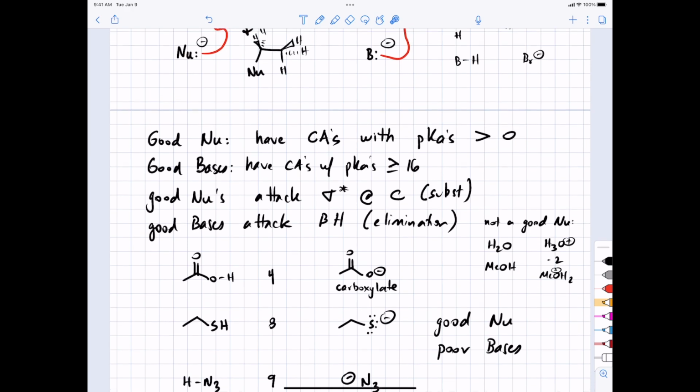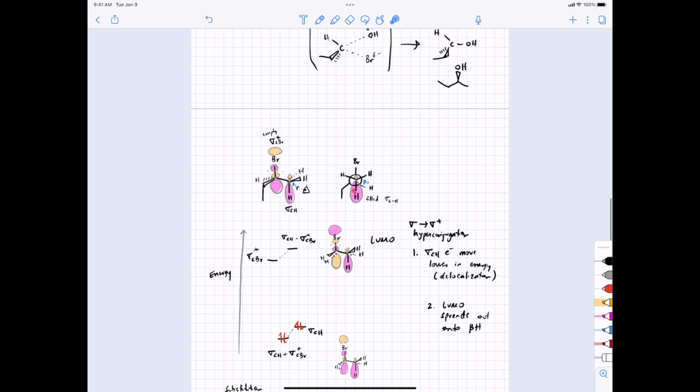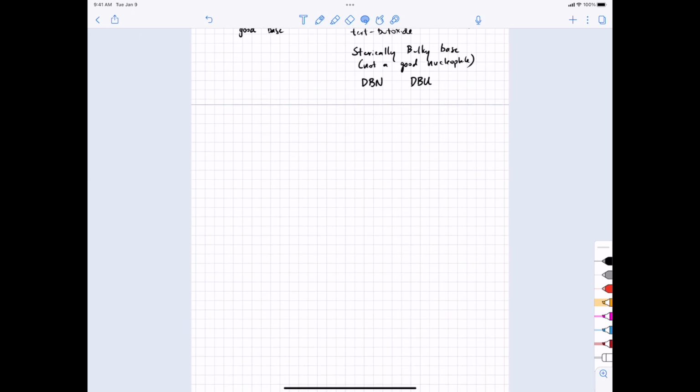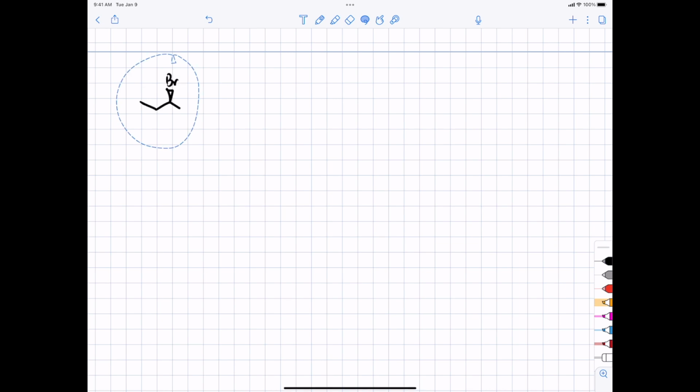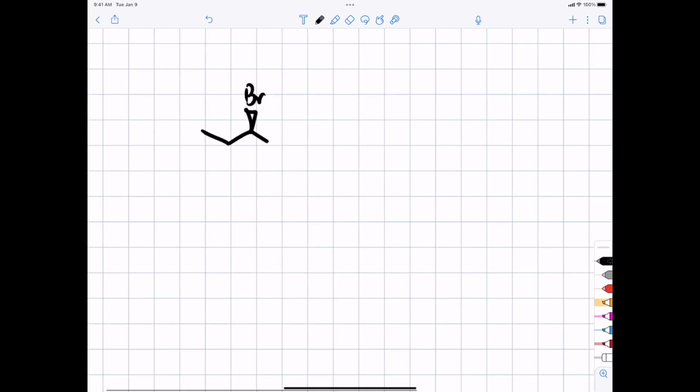Okay, so let's just take this simple molecule that we started with. No, actually, we'll go with this one. And let's predict outcomes of reactions based on what we've just talked about. All right.